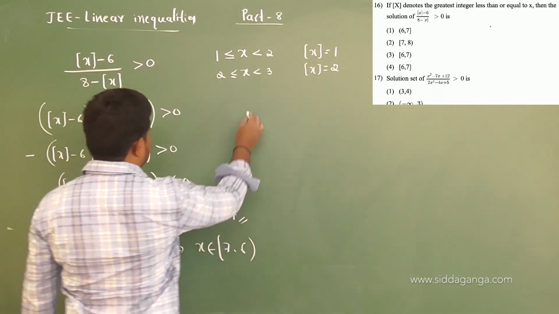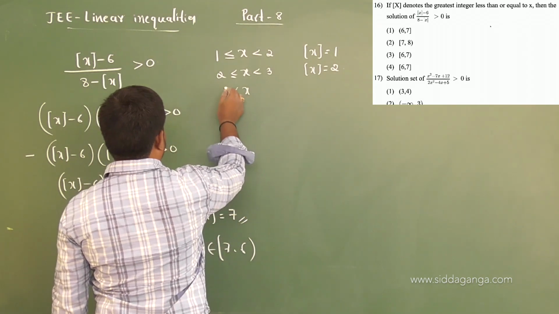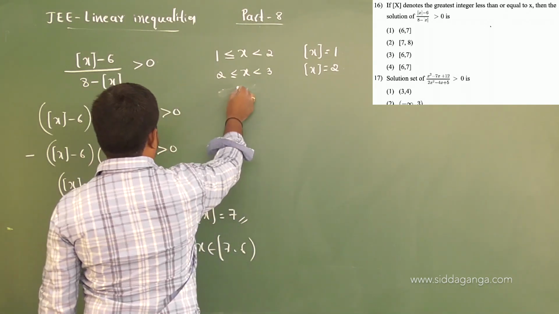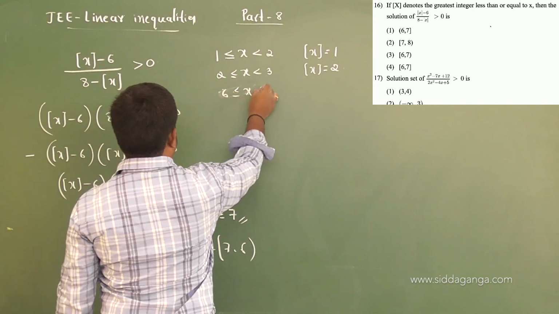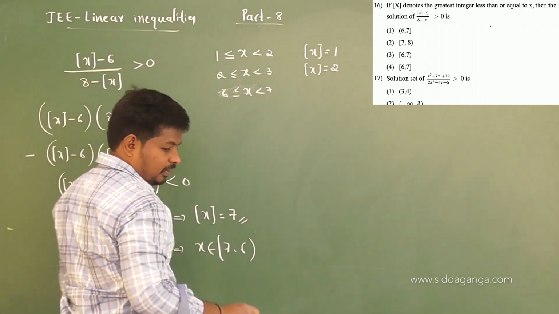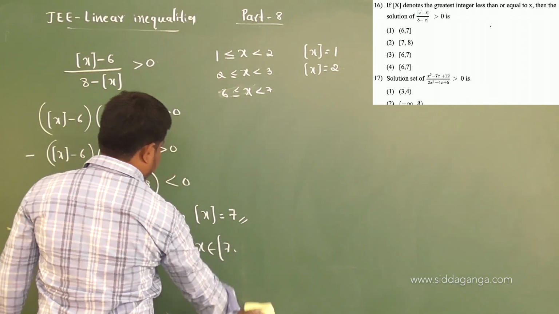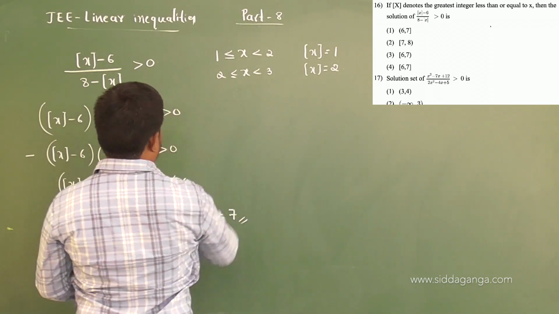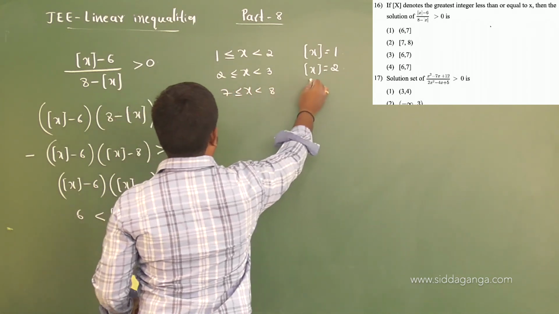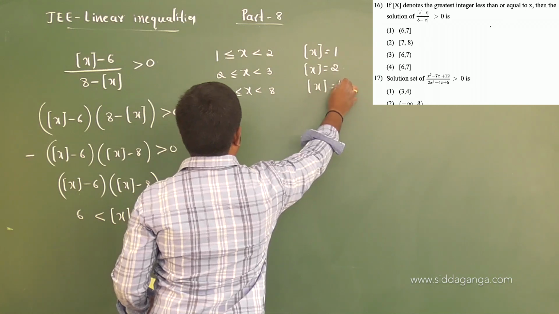That's what I wrote. You mean when x is greater than or equal to 7, or greater than or equal to 6 and less than 7. Sorry. When x is greater than or equal to 7 and less than 8, the integral part of x becomes 7.